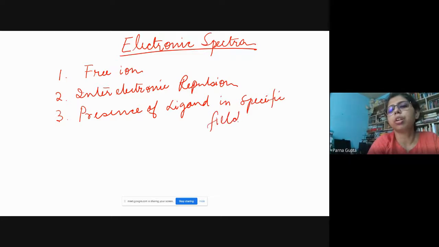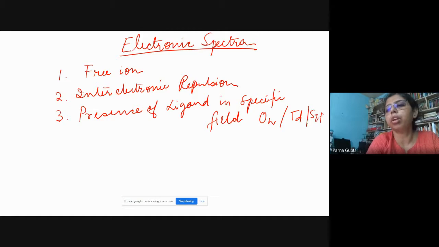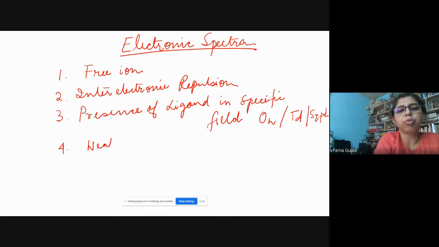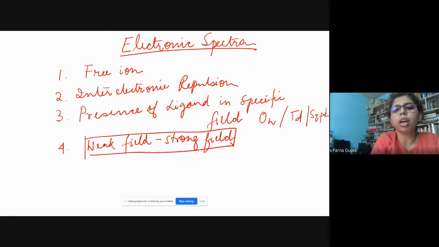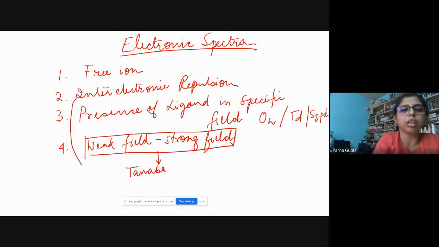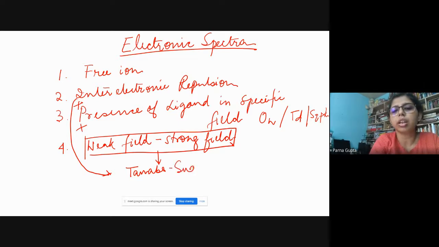Specific field means octahedral, tetrahedral, square planar. Definitely, the Tanabe-Sugano diagram for a particular thing will change in some other field. Then the presence of weak field ligand, strong field ligand, and summing up both is the Tanabe-Sugano. The Tanabe-Sugano takes care of all these things.